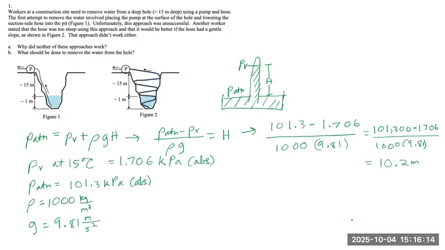Basically, what has to happen is that our pump in the pit has to be placed like this, and it has to be able to push the water out like so, and the pressure here is greater than atmospheric pressure.